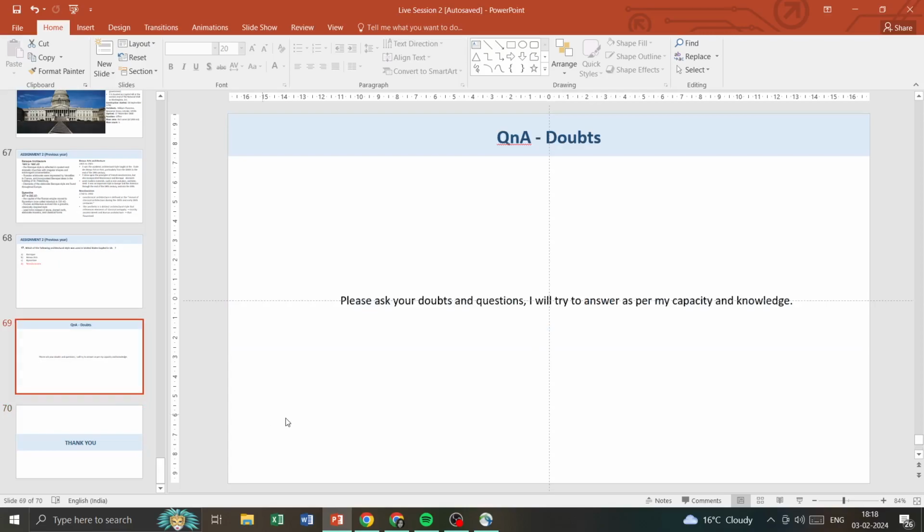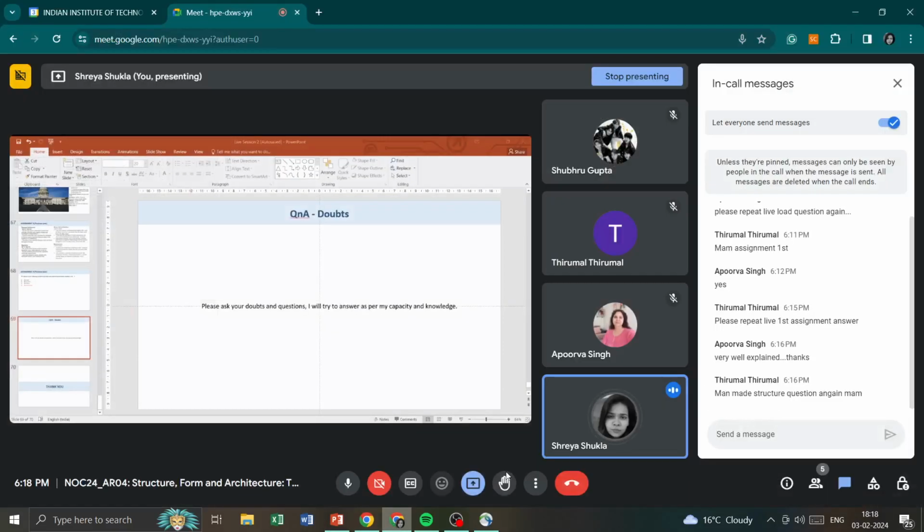I don't understand which question you are talking about. I don't know which one you're talking about because there is no man-made structure question in this slide. Is it from the first assignment?